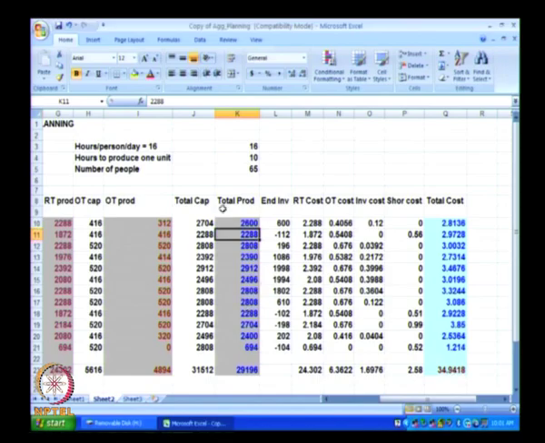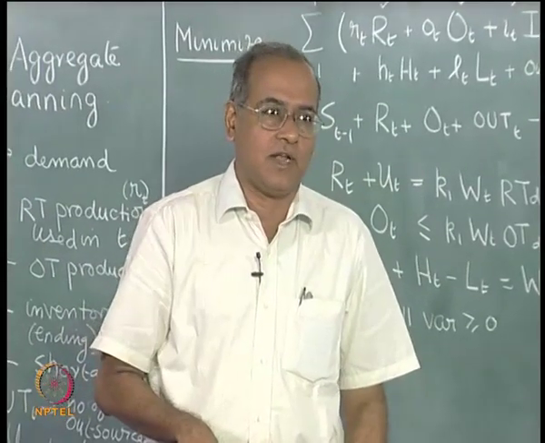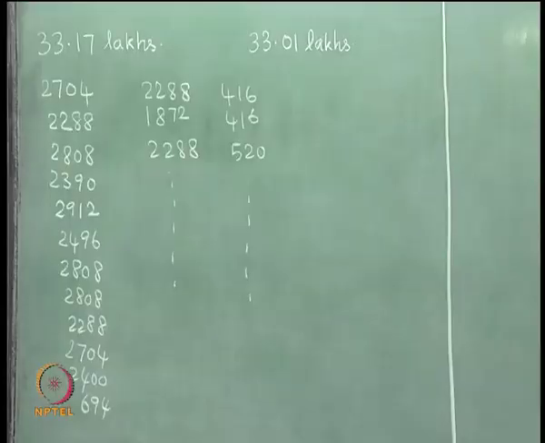So the user can now play around with these total production values such that the value actually comes down. Now that is going to take an enormous amount of time if the user has to do it in a spreadsheet. The optimization gives us the best value, and when you use the spreadsheet model, or what is called a tabular approach, you would not know which is the optimum value, whereas here you know what the optimum value is.